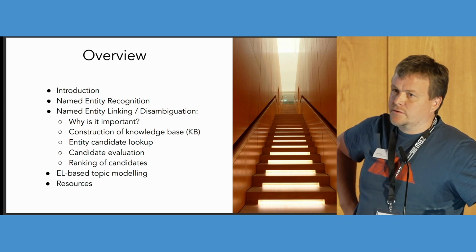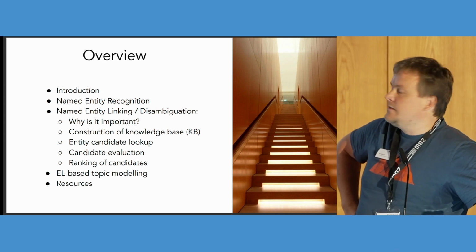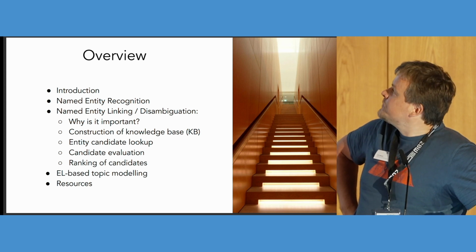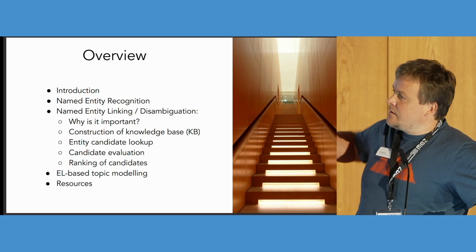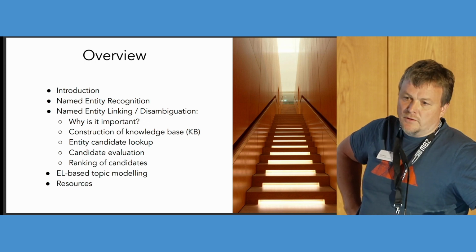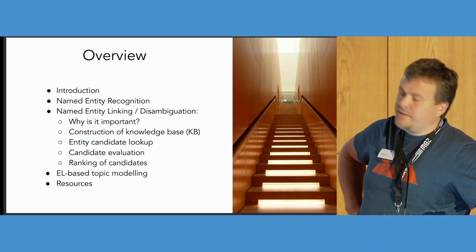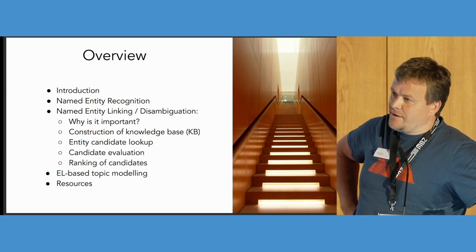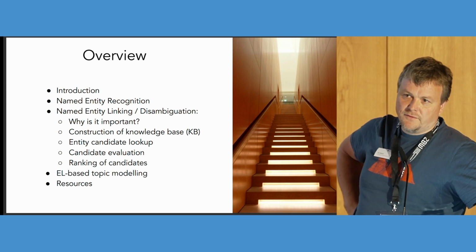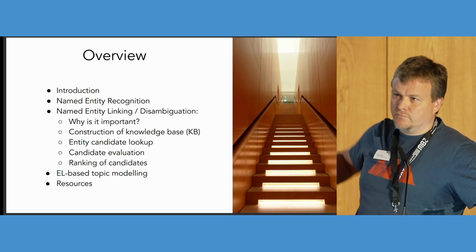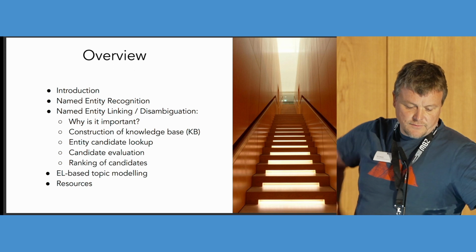Then I'm going to talk about named entity linking and disambiguation and how it is done in detail. And then I'll talk a little bit about what you can do once you have done that. And finally, I'll give you some resources you might be interested in to look in more detail at the stuff we are doing.